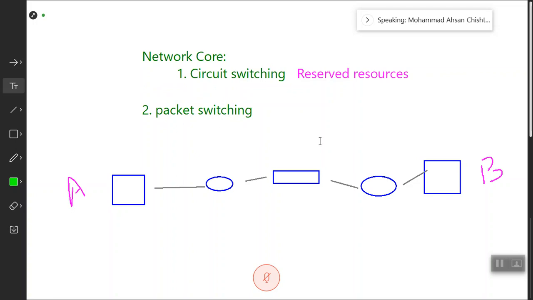Whereas we have packet switching in which resources are not reserved. Try to understand what we mean by reserved and not reserved. Let's take first a simple example. You are going to a restaurant to have a meal.